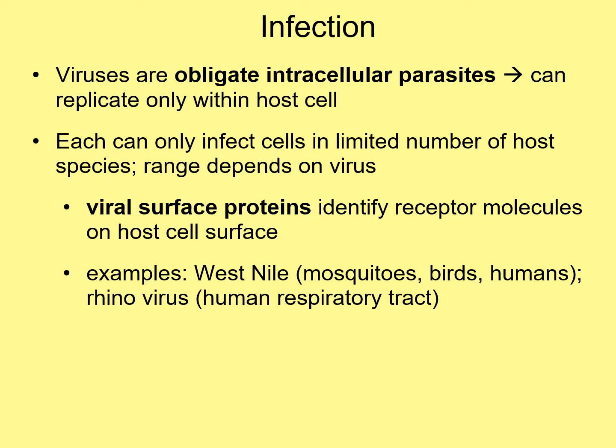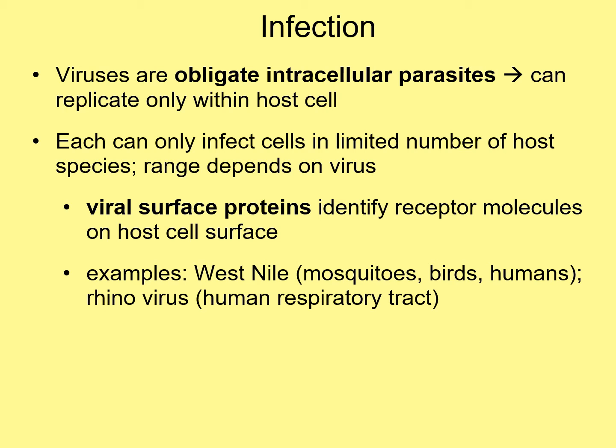So for example, bacteriophages will infect only one or two, at most, types of bacteria. And they're fairly specific in their function because, again, those protein receptors have to match. And they're constantly changing, so the virus has to constantly change as well to try and keep up. In eukaryotes, for example, West Nile is carried by mosquitoes. It does not actually infect the mosquito. The mosquito is just the vector.